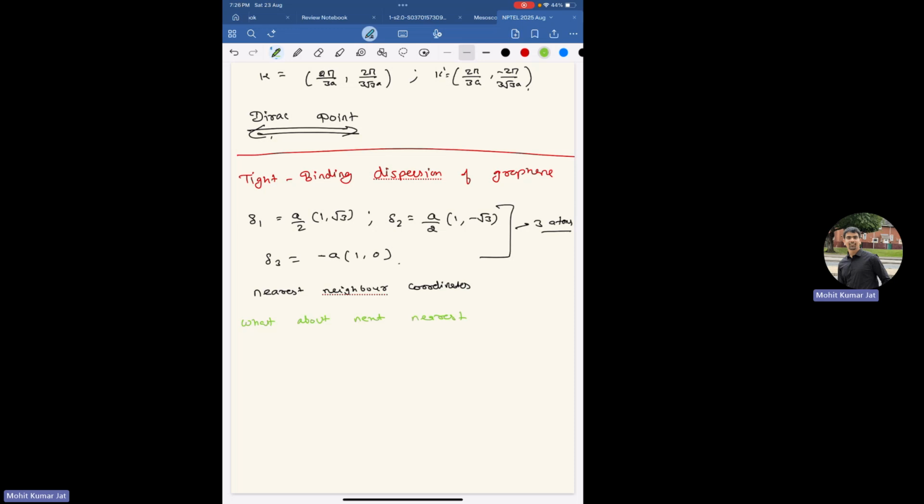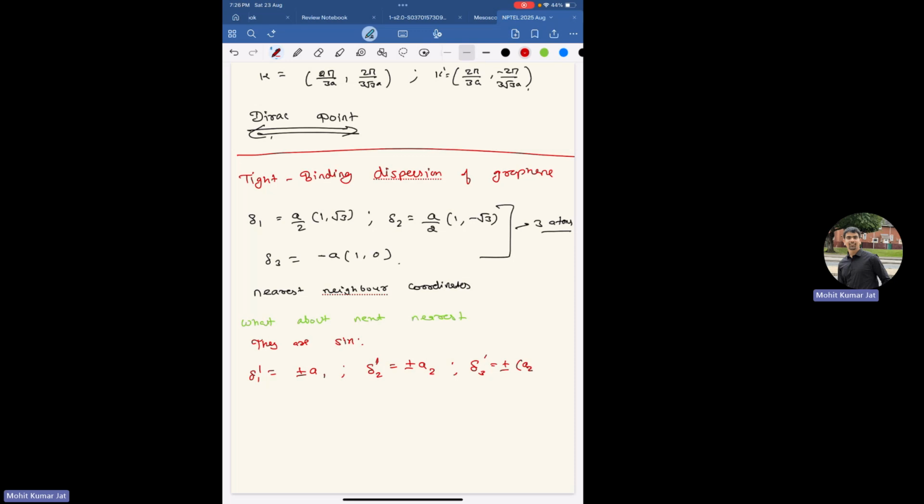Yeah, so the next nearest are 6. What are the coordinates of them? Delta 1 prime will be plus minus a1, delta 2 prime will be plus minus a2, delta 3 prime will be plus minus (a2 minus a1).